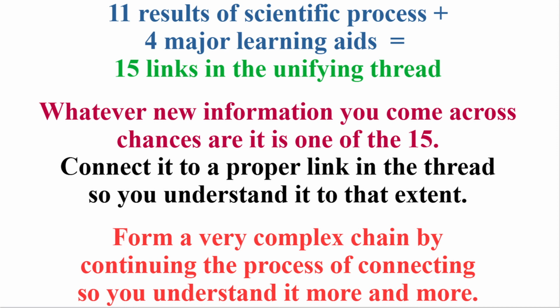Be thorough with these 15 and always try to identify any new information you come across with one of these and compartmentalize it in the brain accordingly. In other words, connect it to the corresponding link in the thread. It means you understand it to that extent.